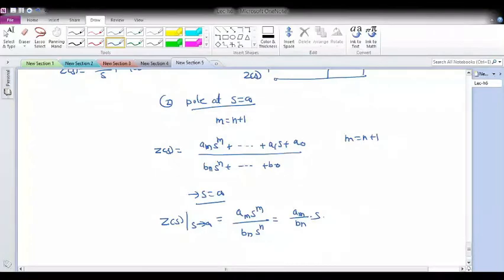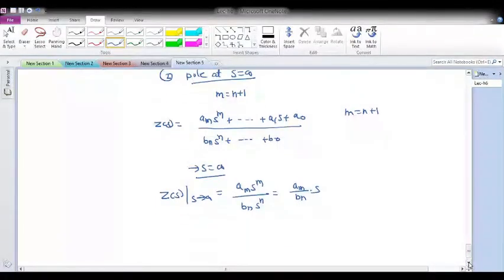Okay, so this is basically the remaining part, because as s tends to infinity, the highest power of the numerator to the highest power of the denominator will remain, and other terms will vanish.